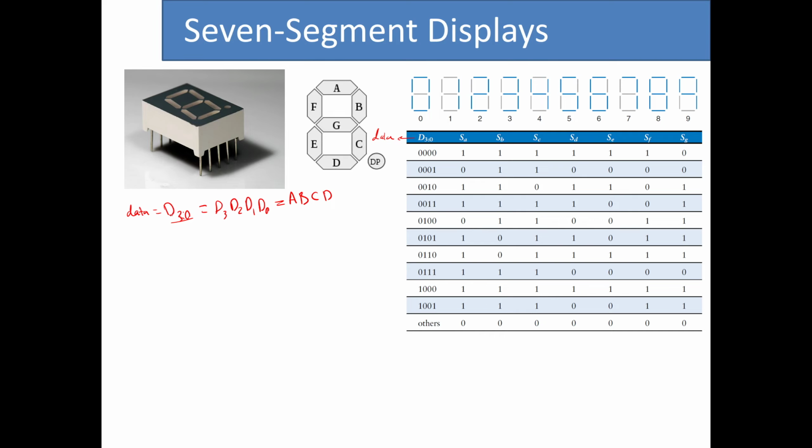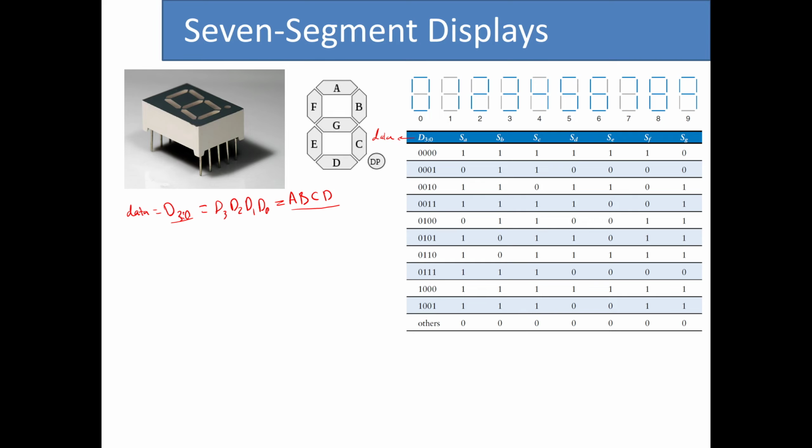So we call it D as in data. Since it's 4 variables, we know that the bits can change from 3 to 0 or 0 to 3, right? And I show it in this format. You can just simply use A, B, C, D. In this representation, A, B, C, D, each one represent only 1 bit.